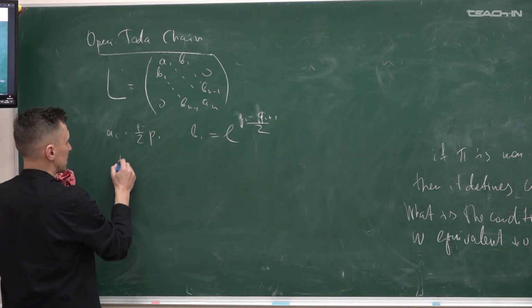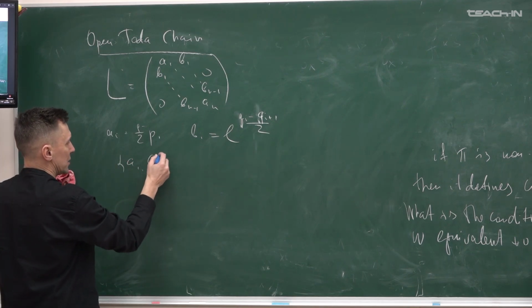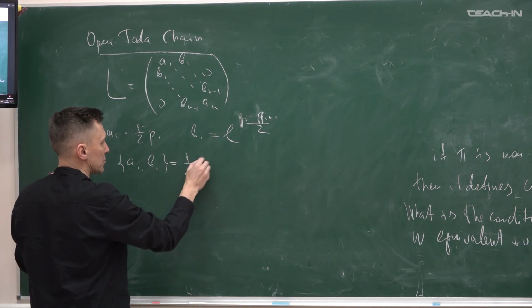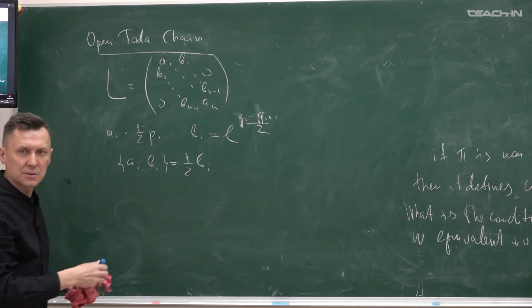It is something like {A_i, B_i} is, I don't remember, maybe 1 over 2 B_i, like this.